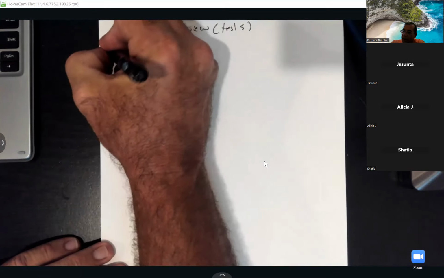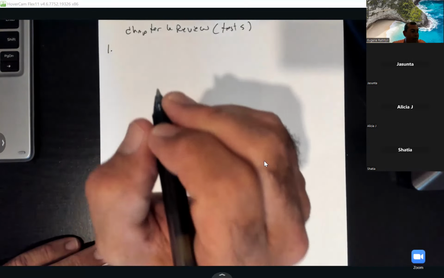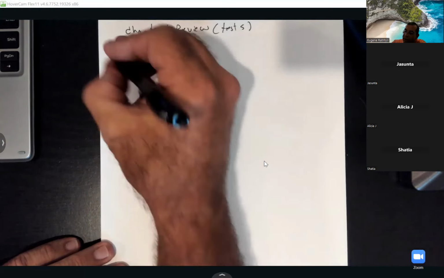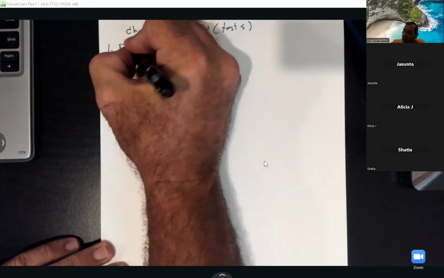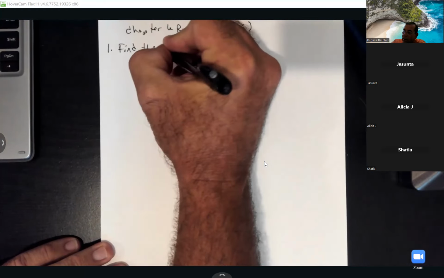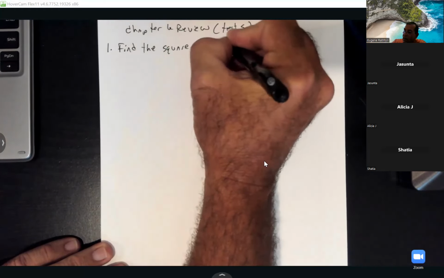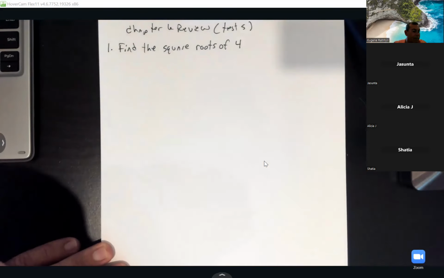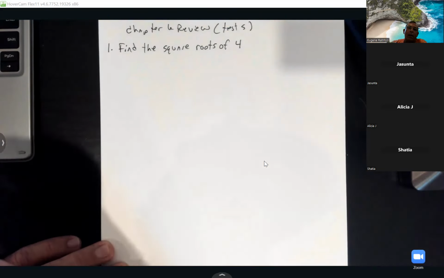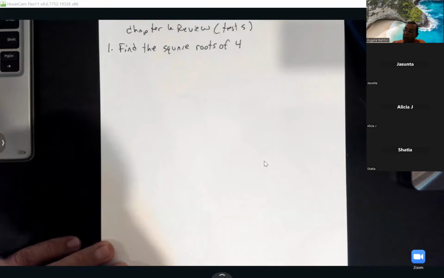So let's see, number 1 wants us to find the square roots of 4. So remember, on these questions, they first ask us for the principal square root and then the negative square root.